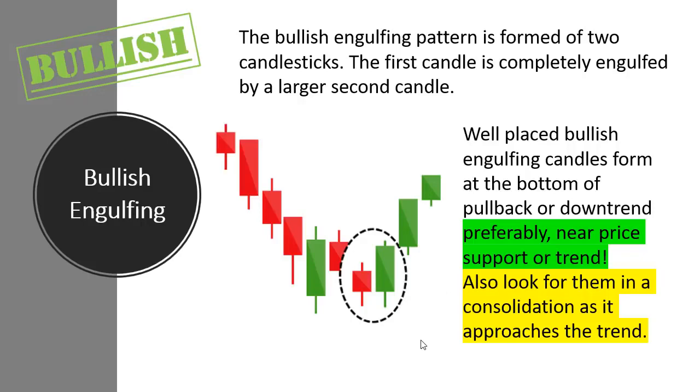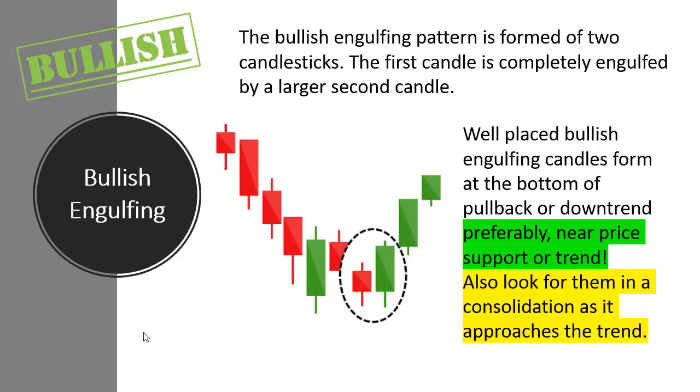Now, the bullish engulfing pattern is obviously, I didn't draw this quite right. That candle should be a little bit further down from that red one, but we wanted to engulf the entire body of the red or the down candle prior to. You can also find bullish engulfing candles in consolidations.